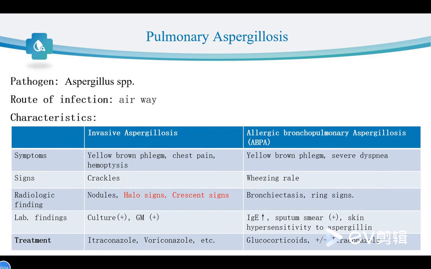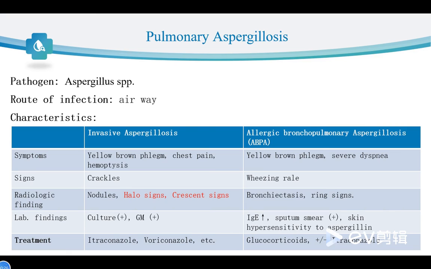Pulmonary aspergillosis is caused by aspergillus, and the route of the infection is through the airway. There are two subtypes of pulmonary aspergillosis. One is the invasive aspergillosis.